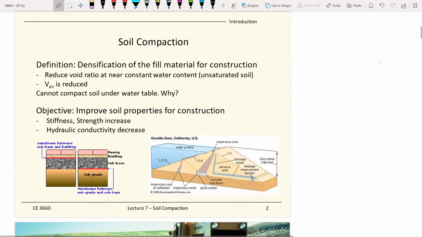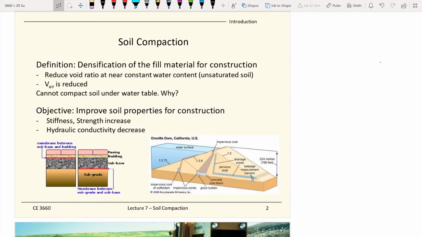So soil compaction, what is it? The definition is the densification of fill material for construction. Any fill material could be clay, sand, or silt, could be naturally occurring material that you bring from other job sites, or man-made material that you have sifted to a particular gradation.